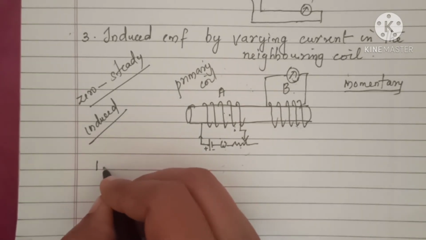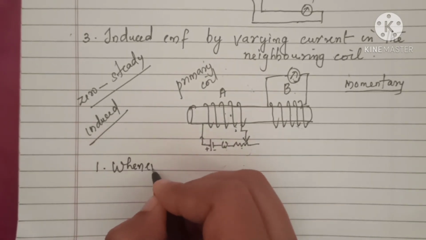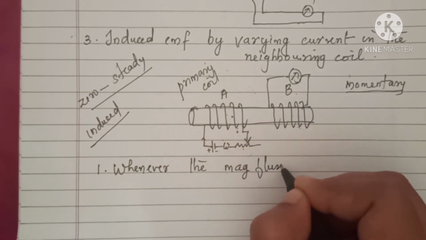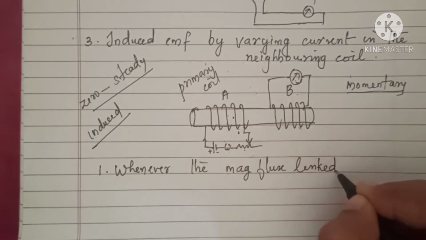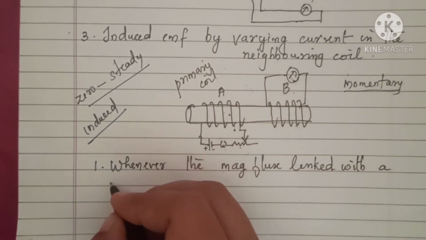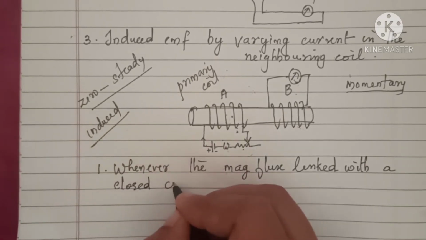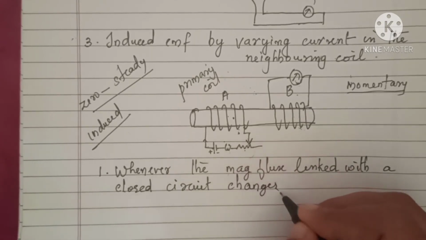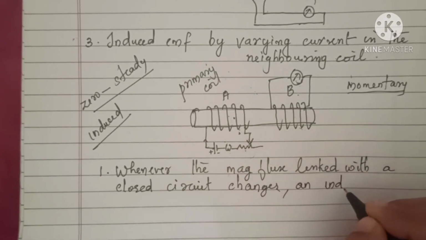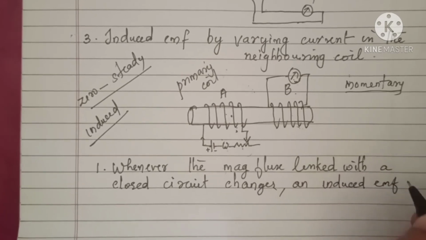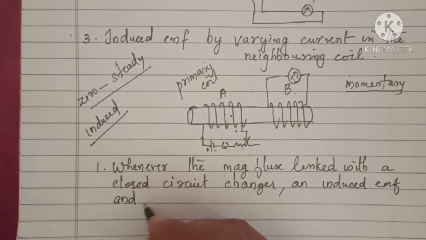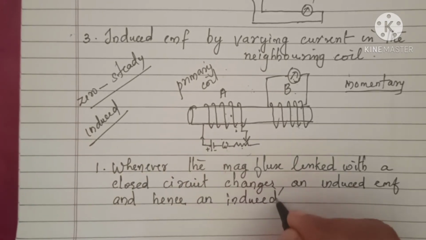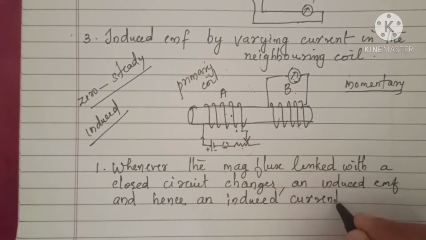The first one is, whenever the magnetic flux linked with a closed circuit changes, then an induced EMF and hence an induced current is set up in it.